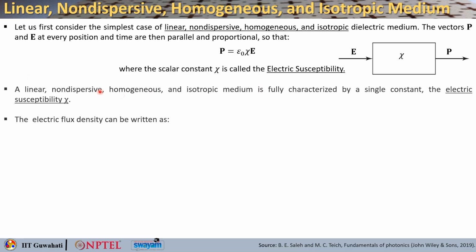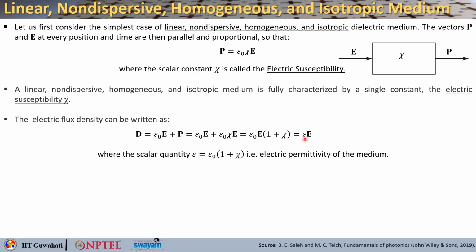You can write the electric flux density D equals epsilon naught E plus P. P can be written, from this equation, as epsilon naught chi E. You take epsilon naught E common, you get 1 plus chi, and that is nothing but epsilon R. And when you take epsilon naught and multiply with epsilon R, you get epsilon.